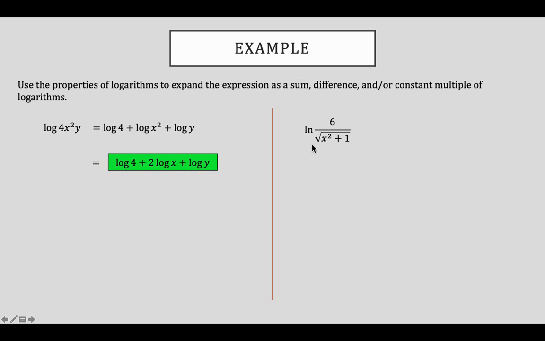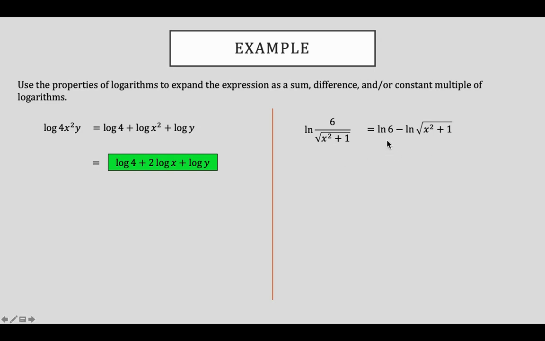Let's try another one here. Here we have the natural log of 6 over the square root of x squared plus 1. Well, one thing we recognize here is that we have a quotient inside of our log. And because we have a quotient inside of the log, we can use the quotient property to rewrite that as the difference of two separate logarithms.